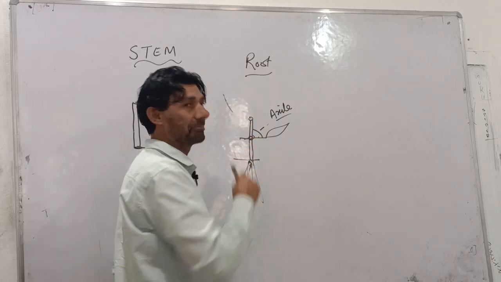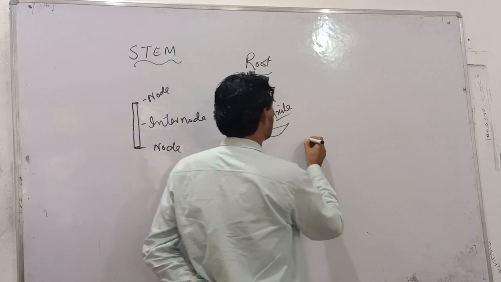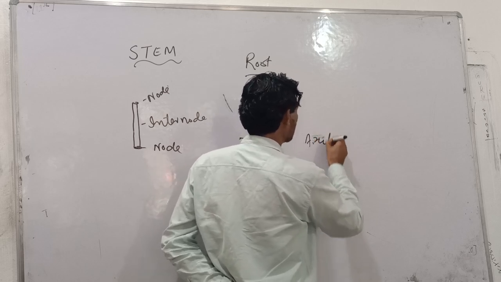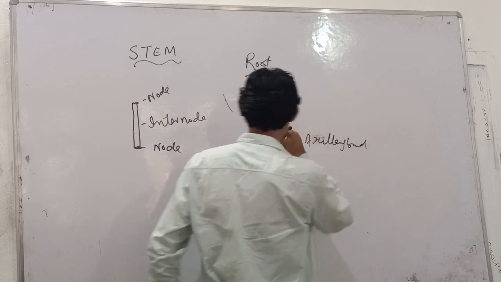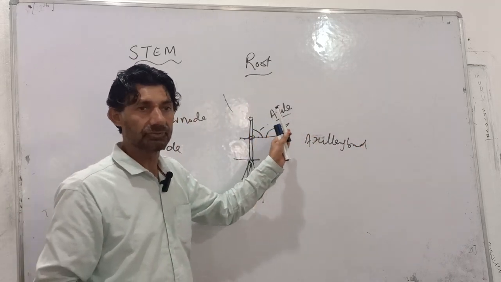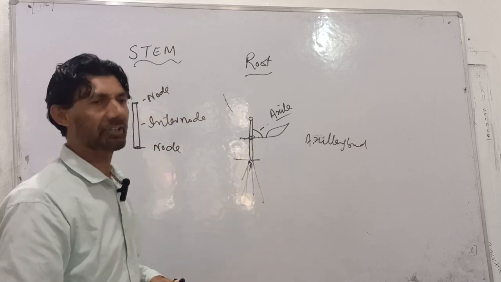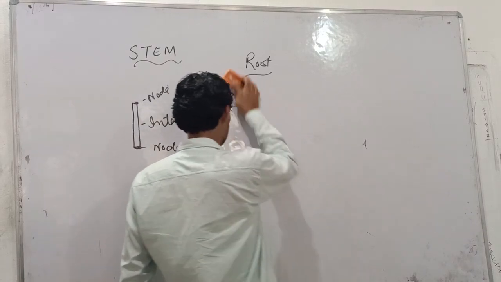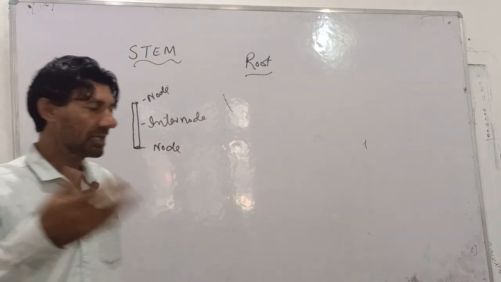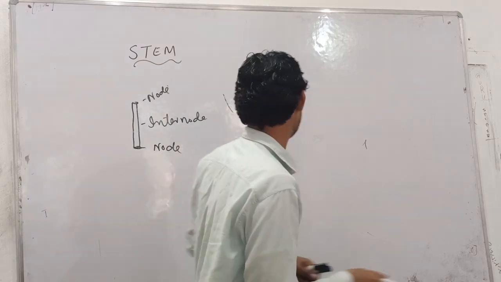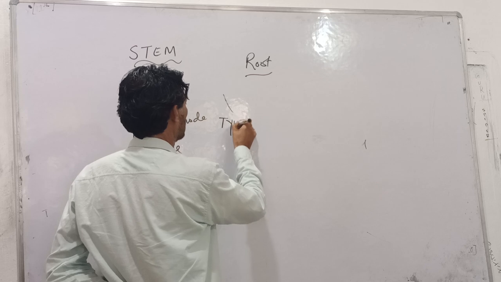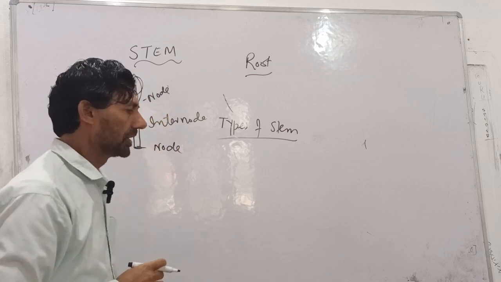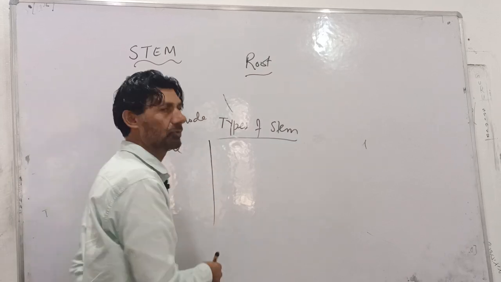So a bud in that angle is an axillary bud. Usually the angle is an axil. Now we will see the types of stem.